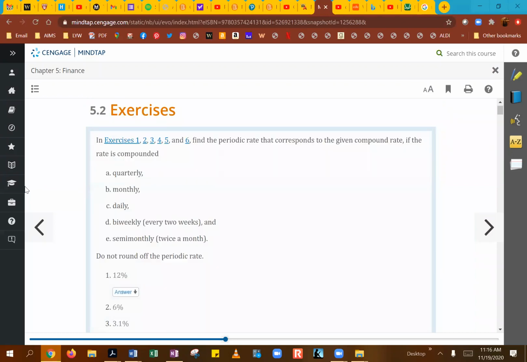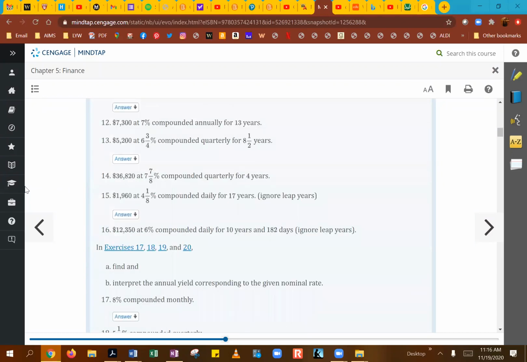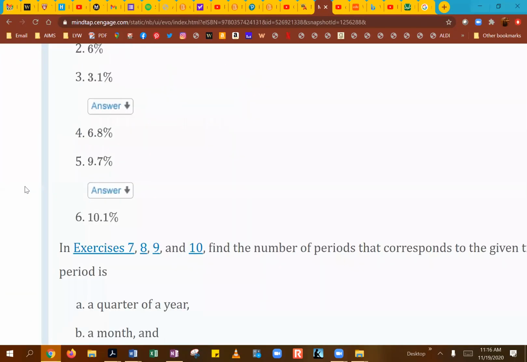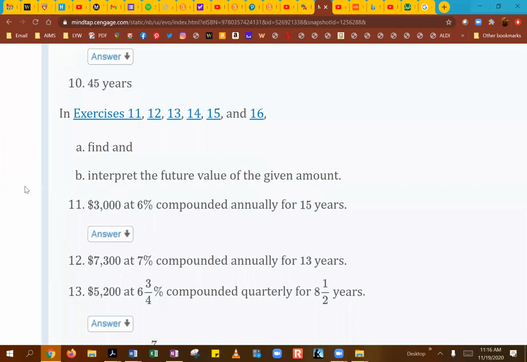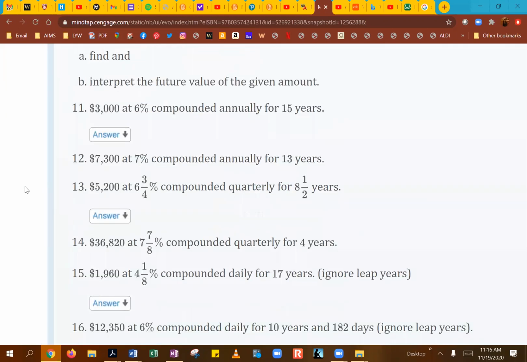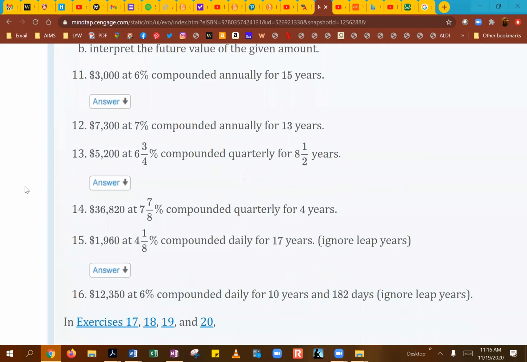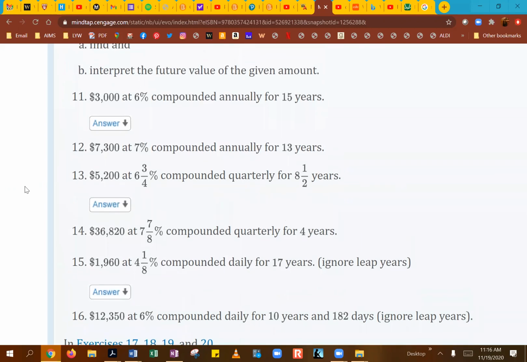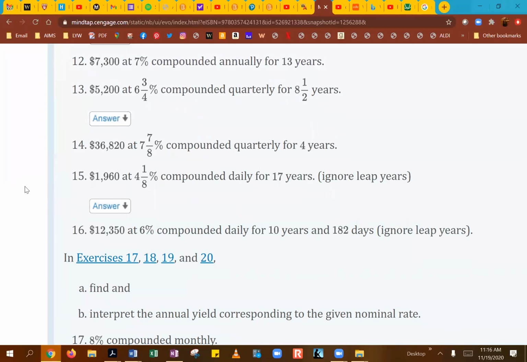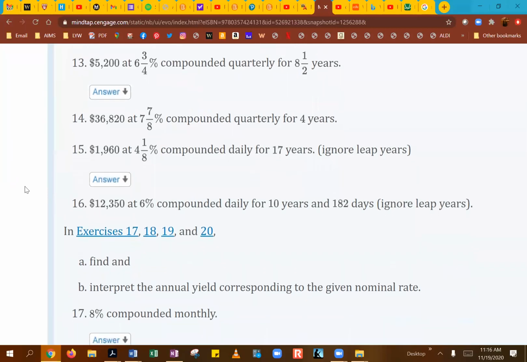Okay, so with section 5.2, let's take a look at these examples over here. We'll look at different compounding periods. How about number 14 and 16.